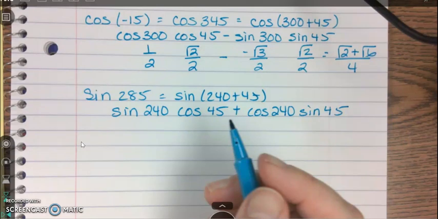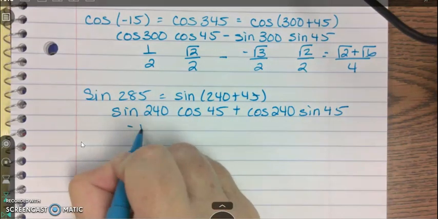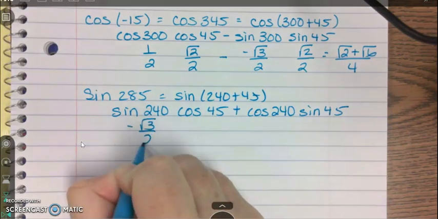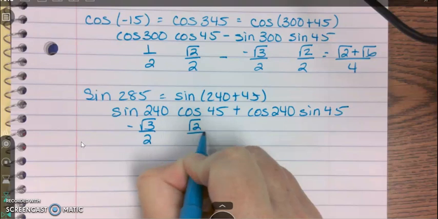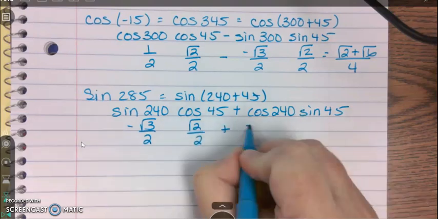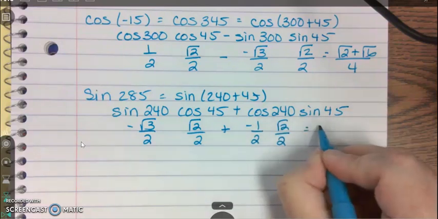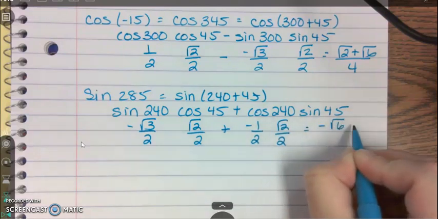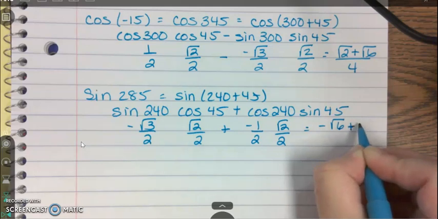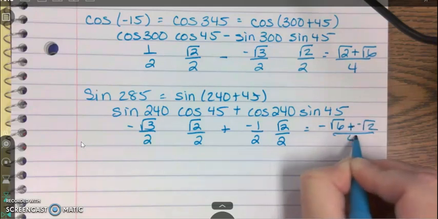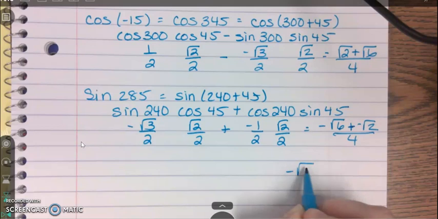So sine of 240 is negative square root 3 over 2. Square root 2 over 2 for that one. Negative 1/2 and square root 2 over 2. So my final answer is the square root of 6 plus negative square root of 2 over 4. Or negative square root of 6 minus square root of 2 over 4.